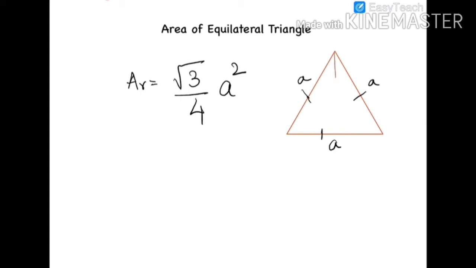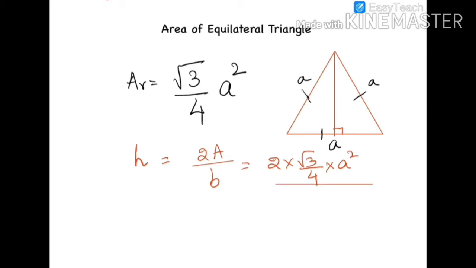You can also find the altitude of an equilateral triangle using the formula h is equal to 2 times area upon the base. So 2 times √3 upon 4 into side square divided by the base, which is also A. So when you calculate this, it is √3 upon 2 times A.